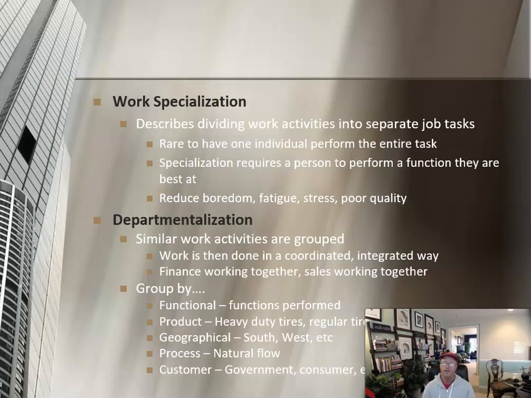And then you could talk about process. If it's a natural flow, then you group by that. But if there's a requirement, there's much more coordination, you would have a different type of process. Then there's customers. It's fairly typical for large organizations to specialize for selling their product to governments, consumers, producers.